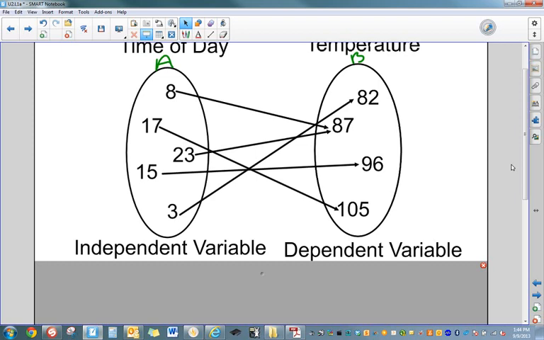Think about what it means to be independent, what it means to be dependent. And not in terms of a variable, but what does the word dependent, or to depend, mean?